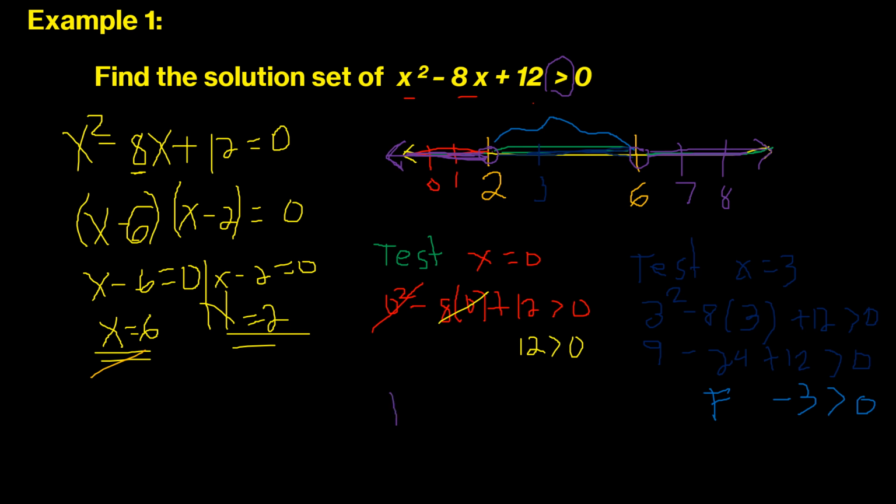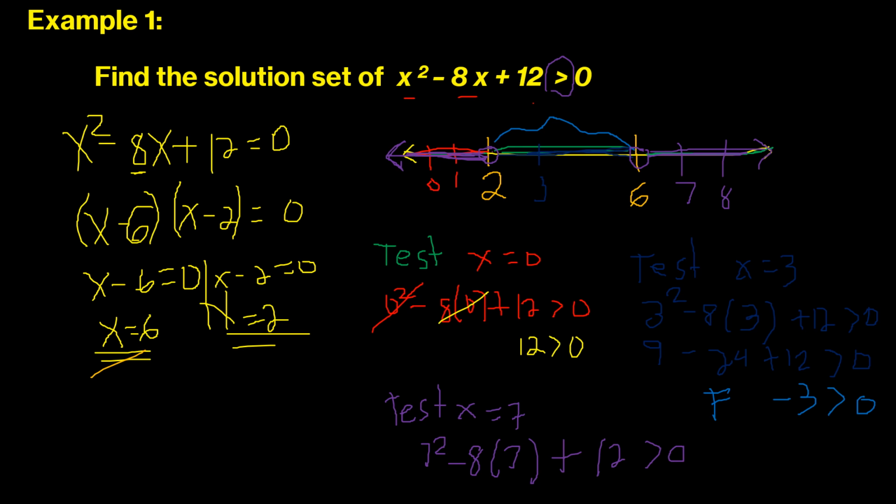So let's just test x equals 7. From our original inequality again, 7 squared, because it's x squared, minus 8x, so 8 times 7, plus 12 is greater than 0.